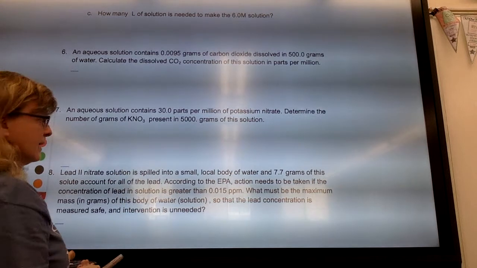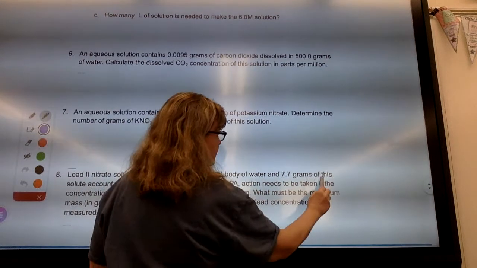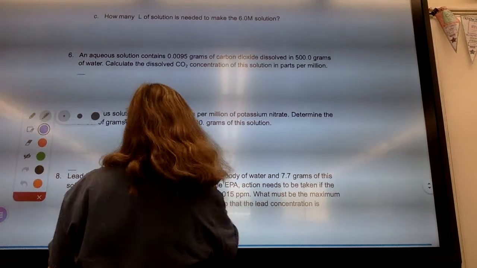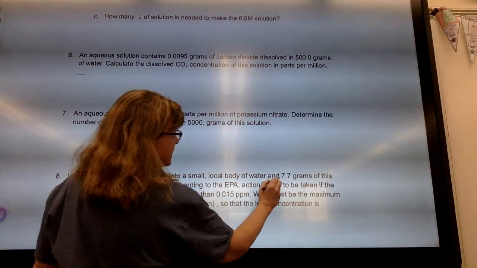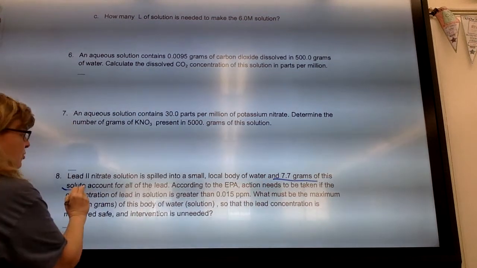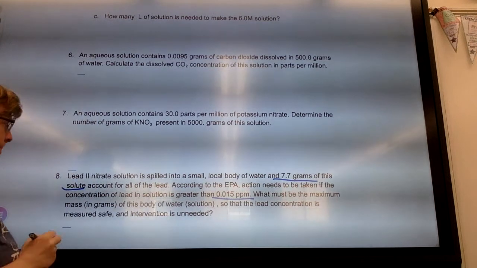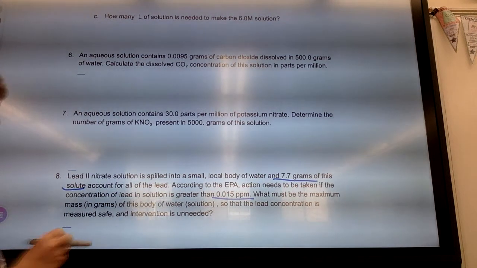Let's keep going with that. Let's go to number 8 here. We have 7 grams of solute, 0.15 ppm. So again, numerical setup, very important.